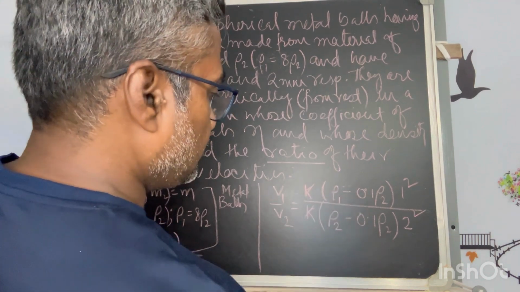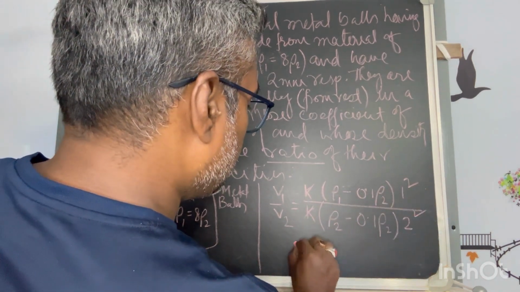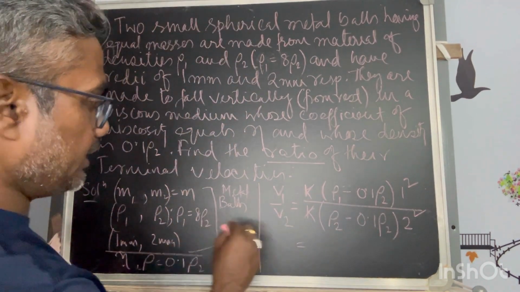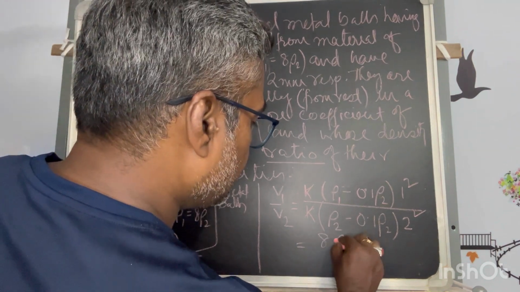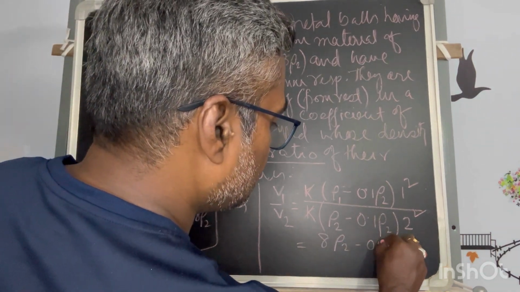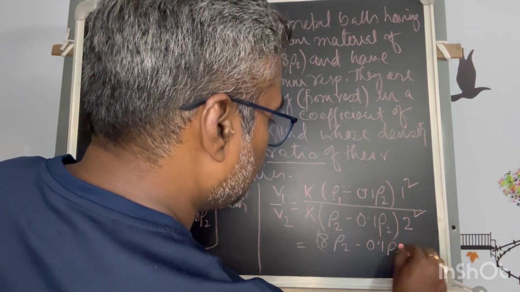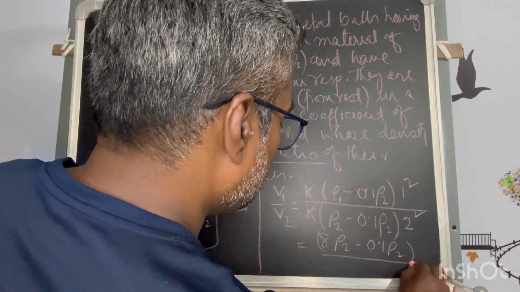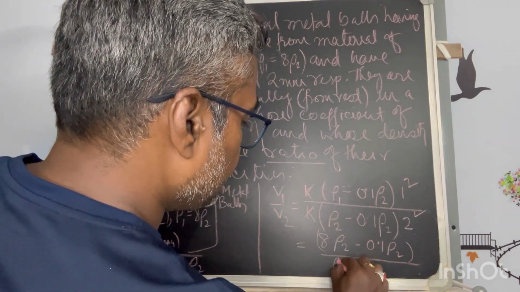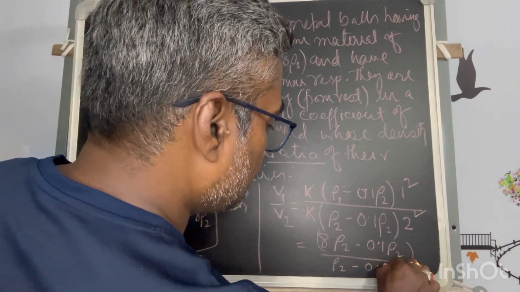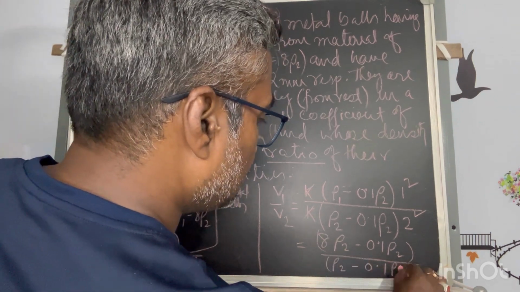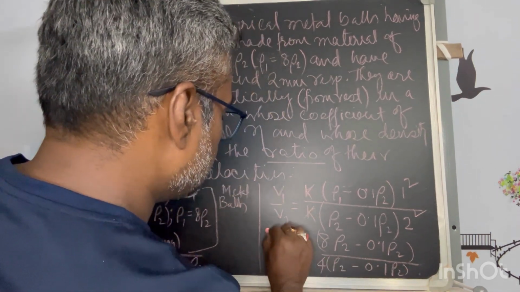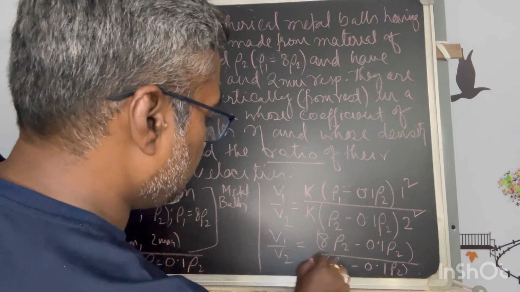So this constant k will cancel. What else? Rho 1 is how much? 8 of rho 2. You can put it as 8 rho 2 minus 0.1 rho 2, and 1 square is nothing but 1. Here, rho 2 minus 0.1 rho 2, and 2 square means 4 will come here. So V1 by V2 is the ratio I need.